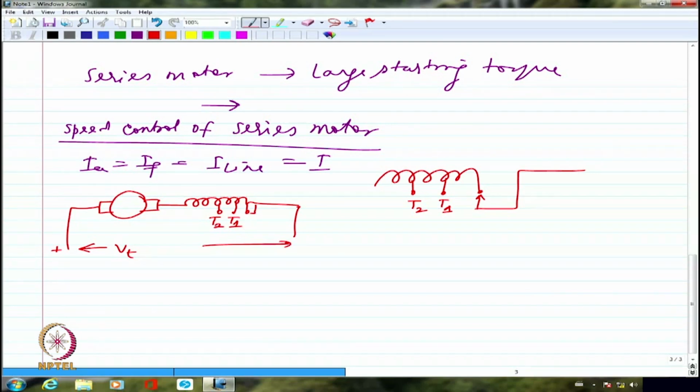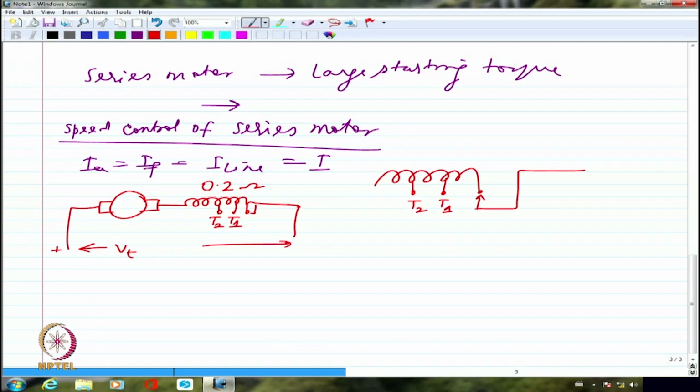Please understand that the resistance of the series field will also be 0.1, 0.2 ohms, nothing more than that. So if I include probably part of the field coil only, the resistance will come down from 0.2 to probably 0.15, 0.1 and so on. The major player in limiting the current is the back EMF, not really the series field resistance or armature resistance.